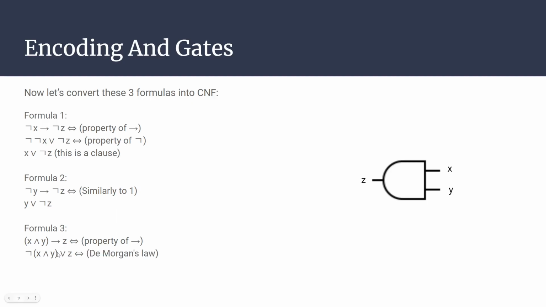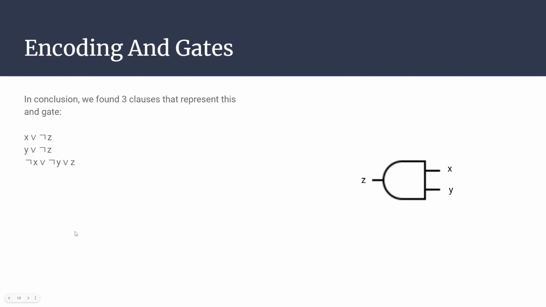Formula 3, we start off with x and y leading to z, and then we do the same logic of what is the property of the right arrow operator, and then we take this not and we lead it to be inside. We do that by De Morgan's law, if you're familiar, and this would be not x or not y or z... or not z. We can just drop the parentheses here, so it's not x or not y or not z. This is also a clause.